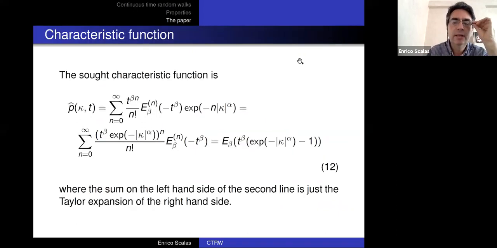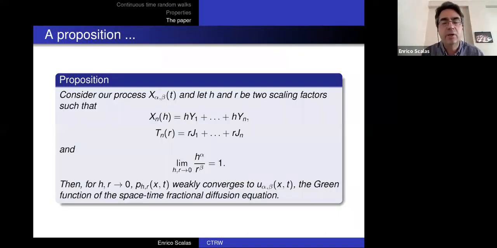But this is simplifying a lot our proof and also our calculation, and you can prove that you have again a weak convergence of the sequence of one-dimensional processes to a function which is a Green function of an equation.